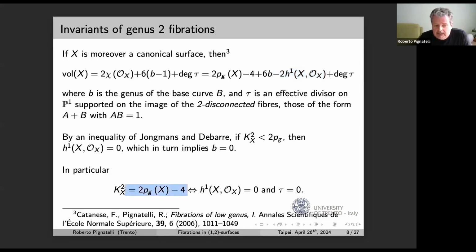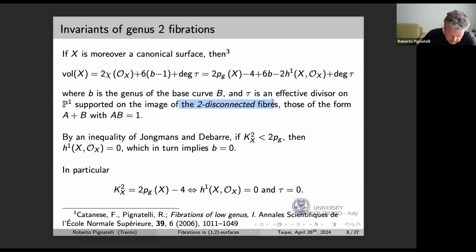Equality in the Noether inequality is equivalent, essentially, to being in this situation, a genus 2 fibration, if you want, which for pg equals 7 is not necessary. Equality in the Noether inequality is equivalent to asking regularity and tau equals 0, which means there are no two disconnected fibers.